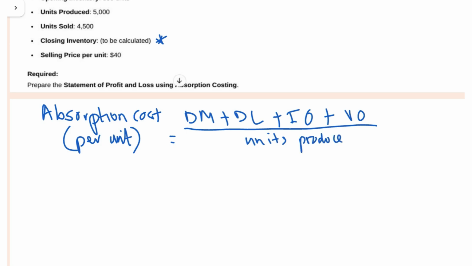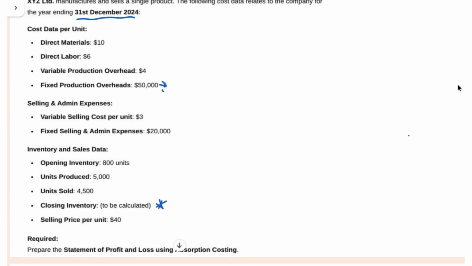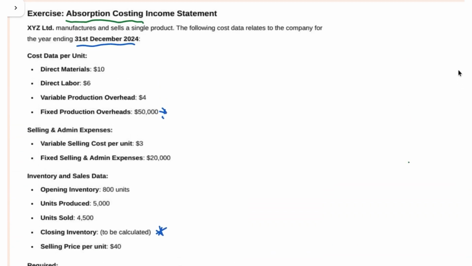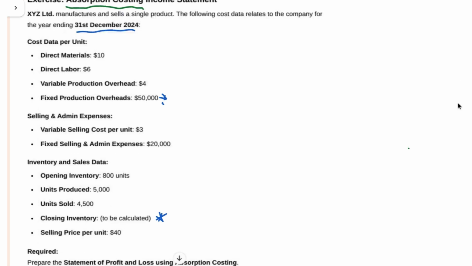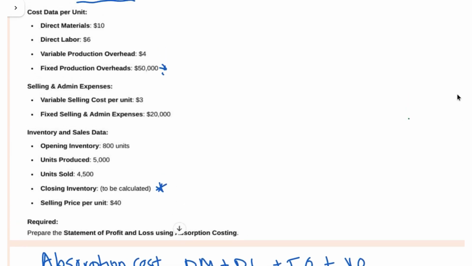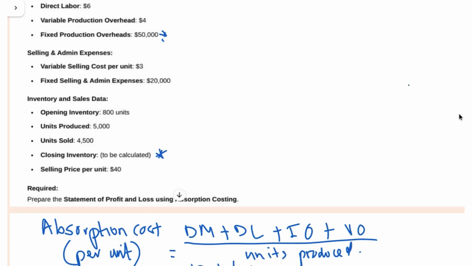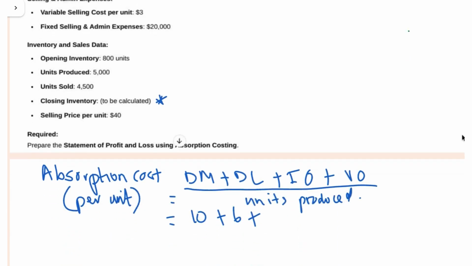Direct material is already per unit, so we keep it like that. Direct material is $10, direct labor is 6, so 10 plus 6, plus our fixed overhead, which is 50,000, divided by our units produced.